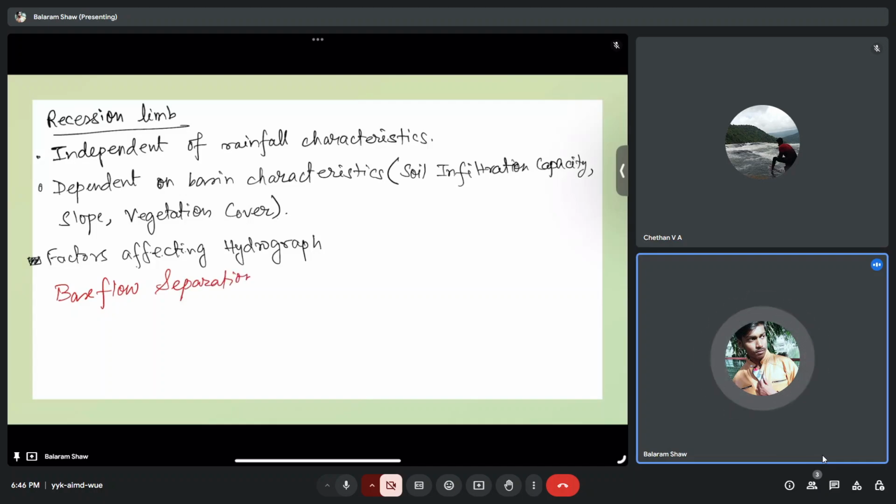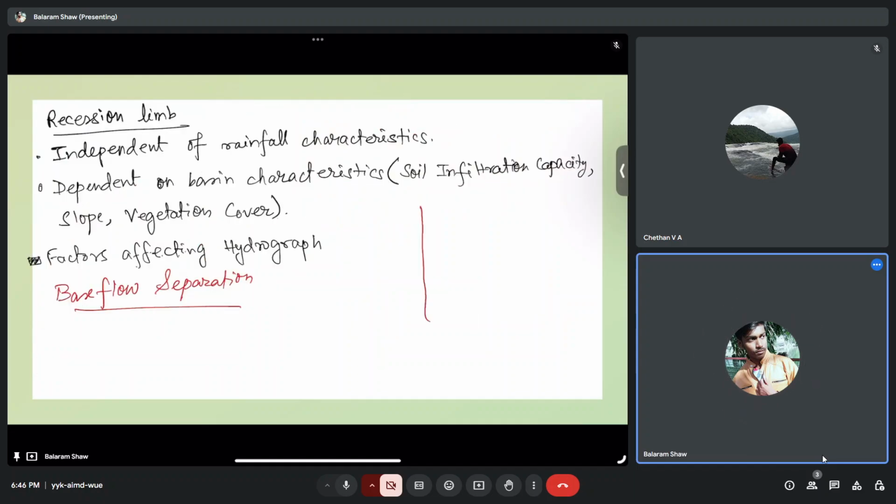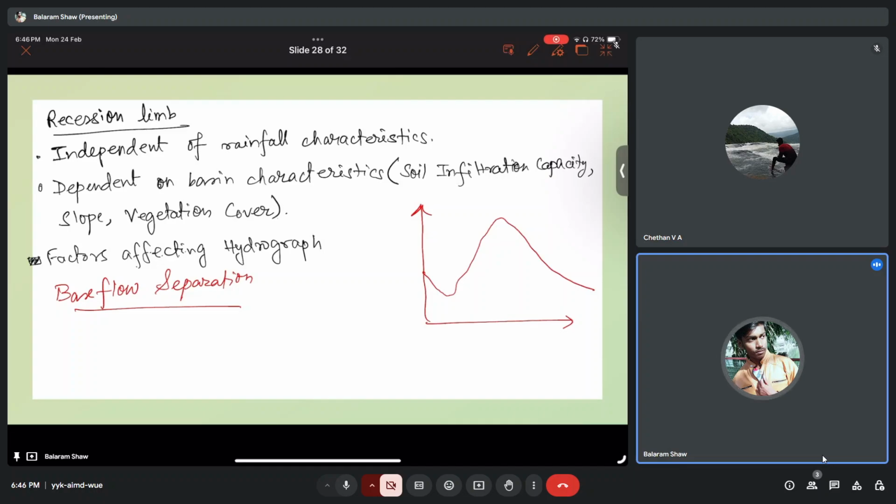We have seen in the flood hydrograph that it starts like this, right? The component that you can see in the flood hydrograph also includes the base flow contribution, right?